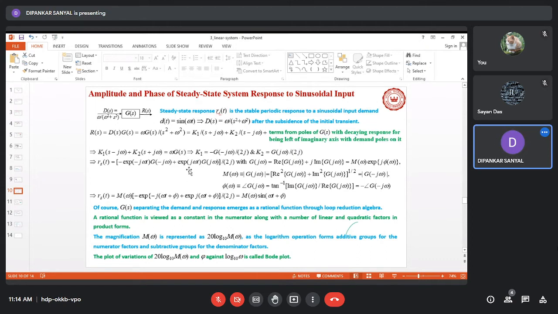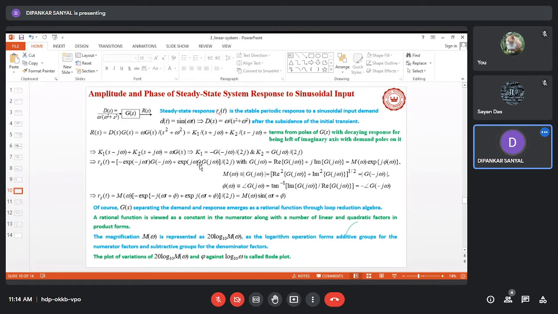And the notable part is that here, corresponding to this G(s), we have either G(minus jω) or G(plus jω) that has come out as a way of obtaining these constants K1 and K2.